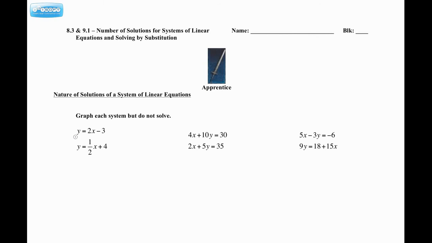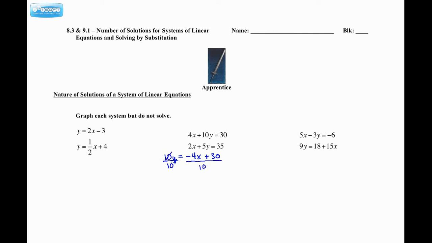Right, for the first system, both equations are already expressed in slope-intercept form, so that's easy. Don't need to do any work. Next, I'm going to isolate y, so I'm going to get 10y equals negative 4x plus 30, and then I'm going to divide both sides by 10.